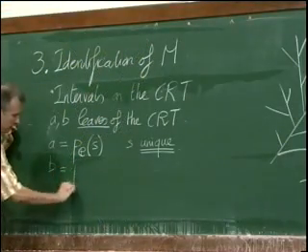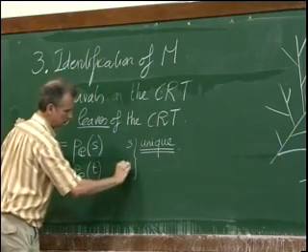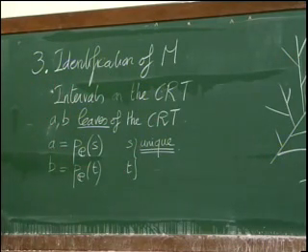And similarly, you can write B as P of T. T is also unique.